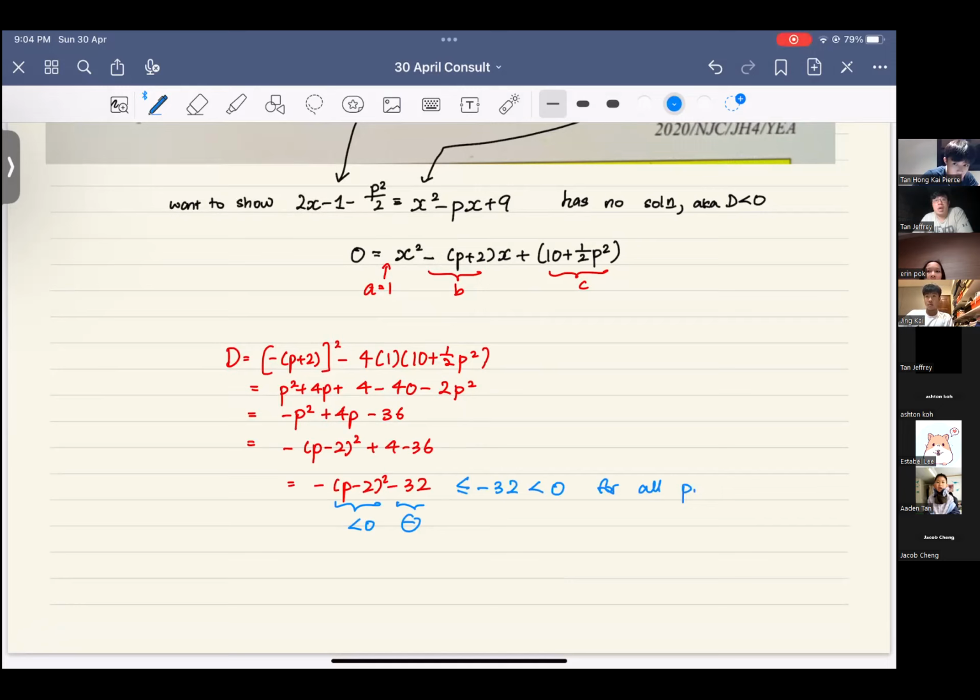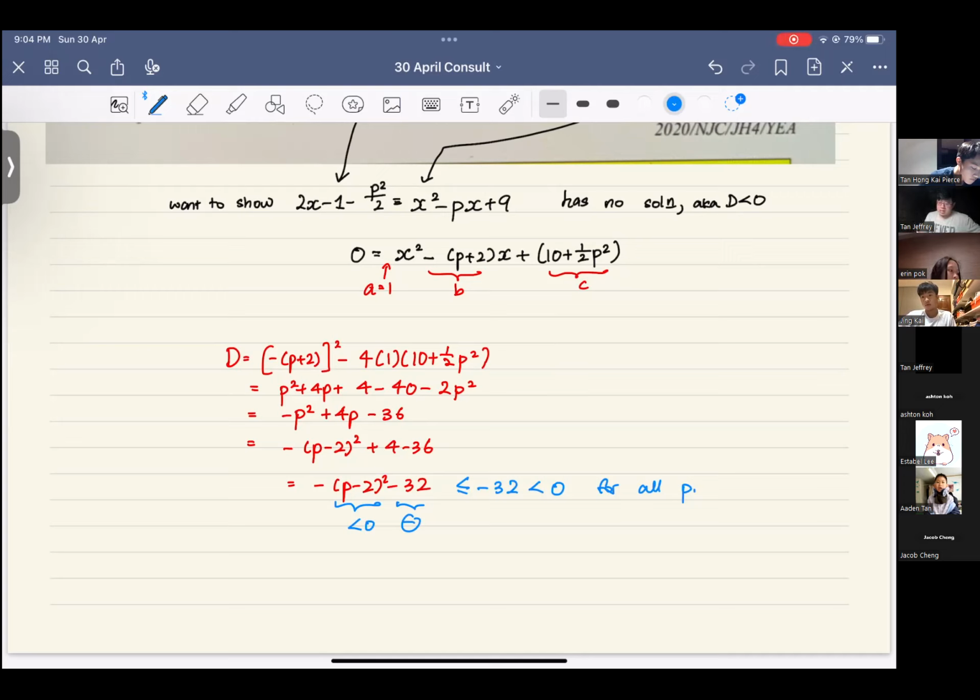Why do I complete the square? Okay, Erin, you listen very carefully. I got another way to do this, but you hear me out. Because I want to show that the discriminant is always negative. By completing the square, I can establish the value of my discriminant.